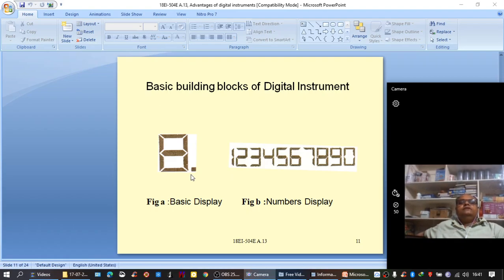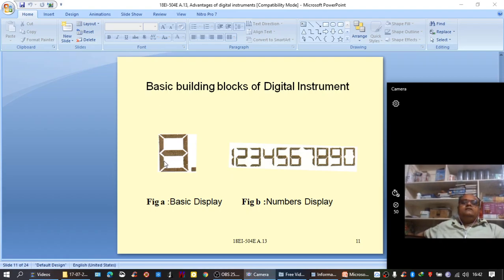Now, in order to give a display of number 1, bits or segments B and C have to be activated. Similarly, say for displaying number 3, segments A, B, C, D, and G are to be activated.